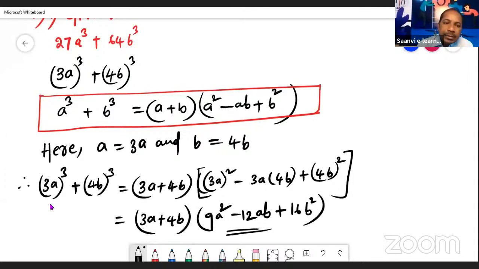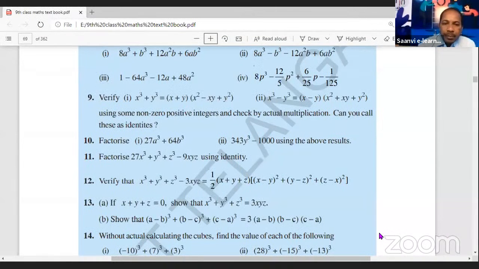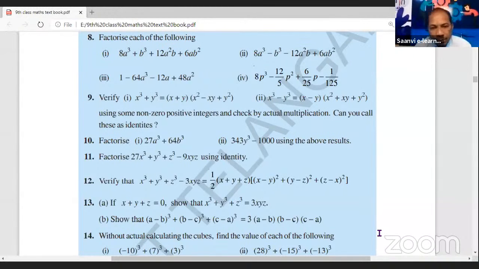So using this a cube plus b cube formula, we can factorize it. Okay, children. In the same way, here one more problem is there in this bit. You complete it. Same. So here plus symbol is there, so we have taken the a cube plus b cube formula. But here minus symbol is there, no?